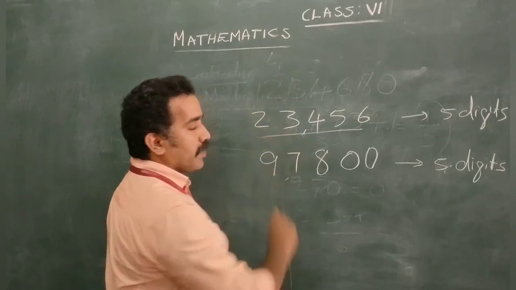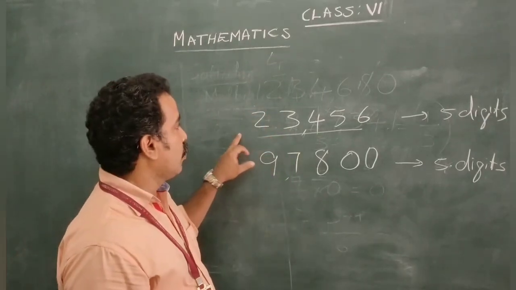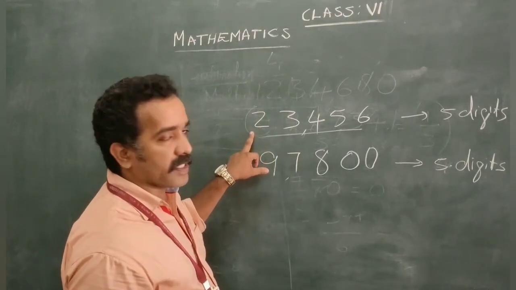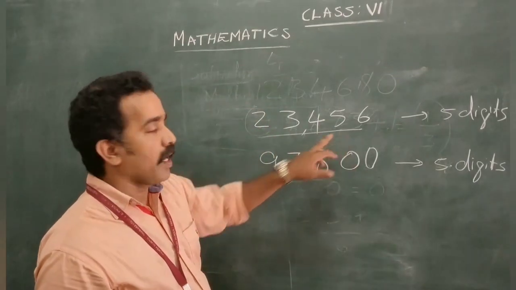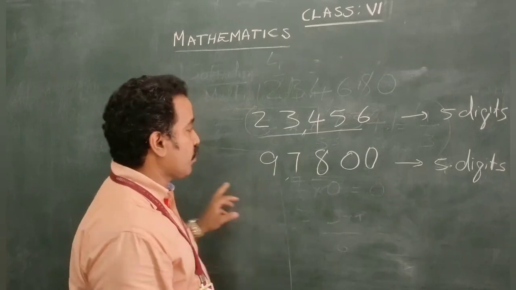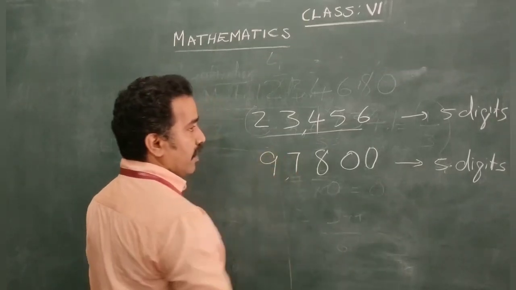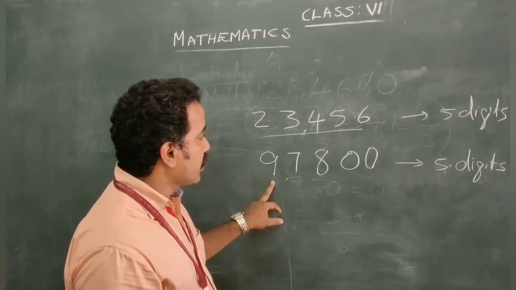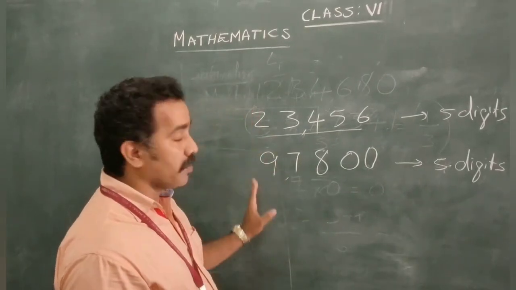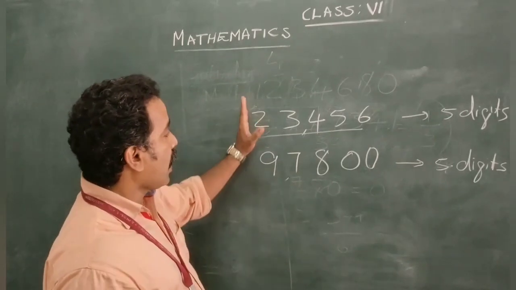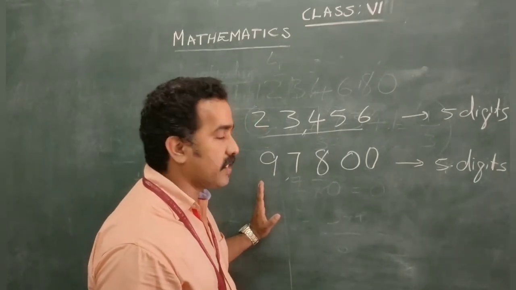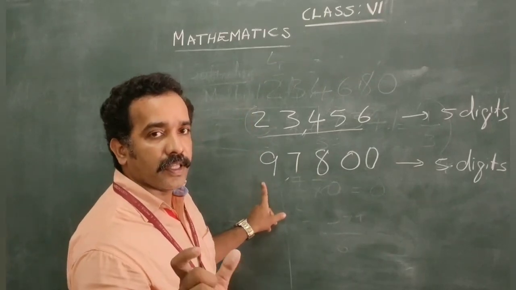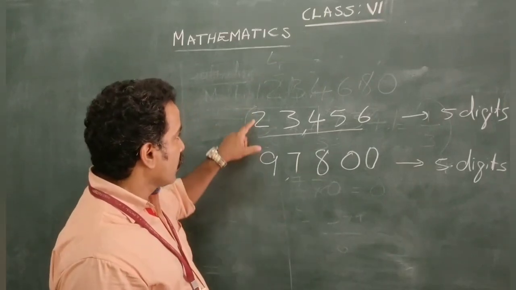Here in this number, the highest place value digit is 2, and 2 represents 20,000. And here the highest place value digit is 9, in the ten-thousands place, so it is 90,000. So simply look at the highest place value digit and check which has the greater value.